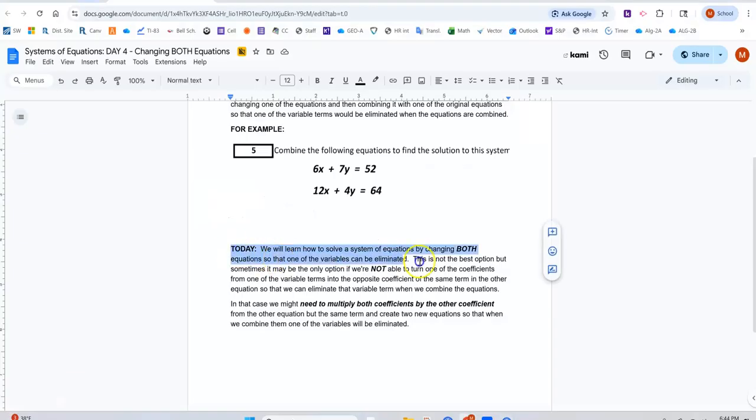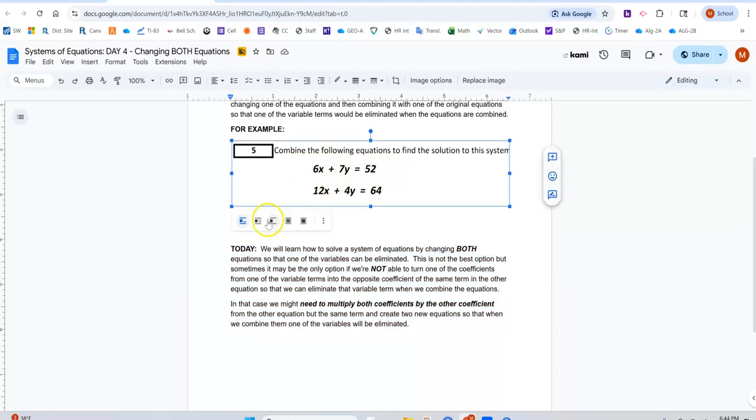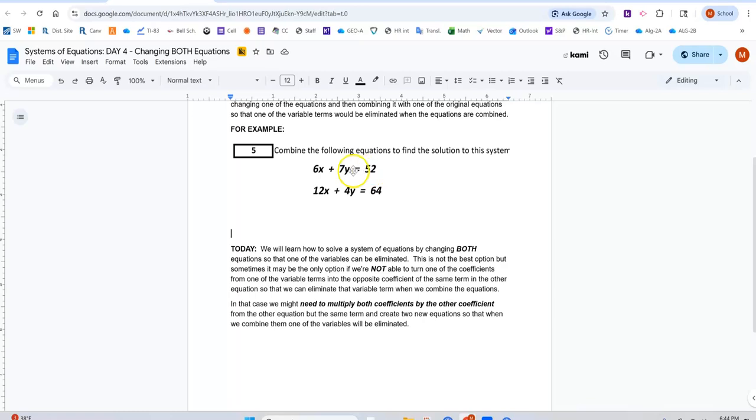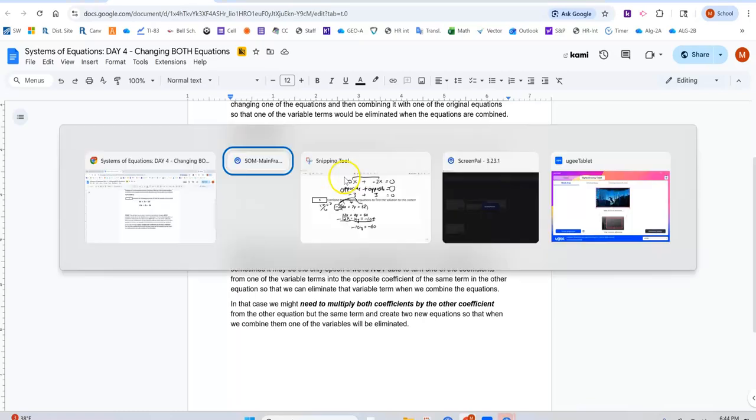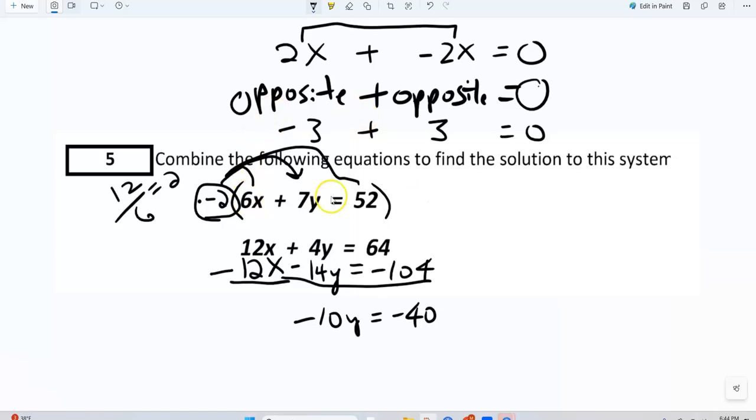Okay, so I want everybody to go ahead and read this very carefully. It might be kind of complicated, but the point is yesterday we only had to change one equation. The first equation, I just showed you, we changed this one. And then after we changed this first one and created the second one over here, we put it there, and then we were able to combine them, right?